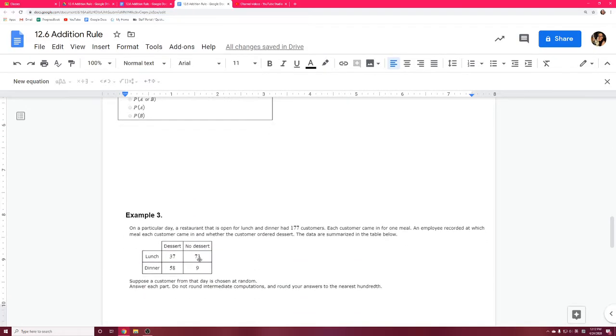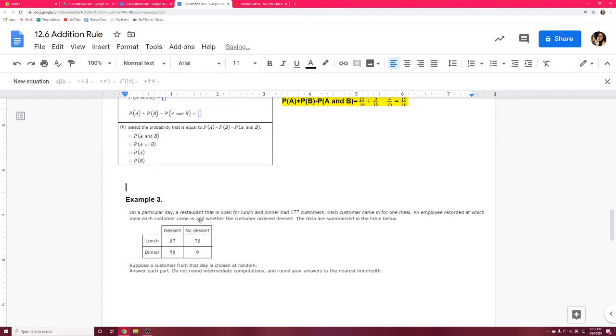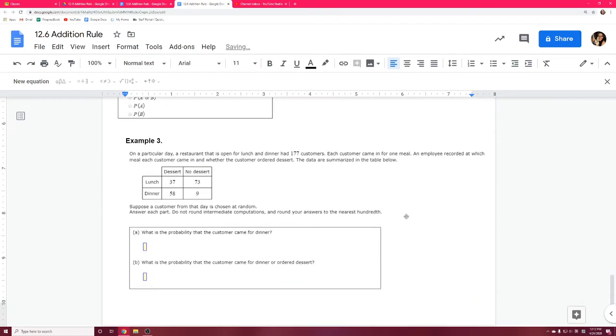Okay, and the next one, let's look at a two-way table. A two-way table is a very important concept, very, very important, and I just want to let you know how to read the table. So the question is, on a particular day, a restaurant that opened for lunch and dinner had 177 customers. Each customer came in for one meal.